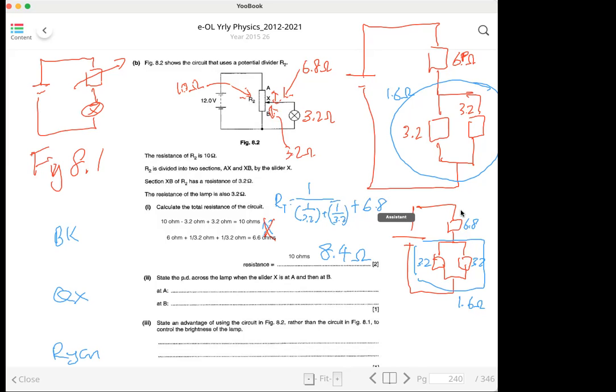Is that correct? So you will get 1.6 plus 6.8, and therefore you get 8.4 ohm. Okay, so for part 1, are you all clear, before I erase the drawing? Okay, so let me erase all this.